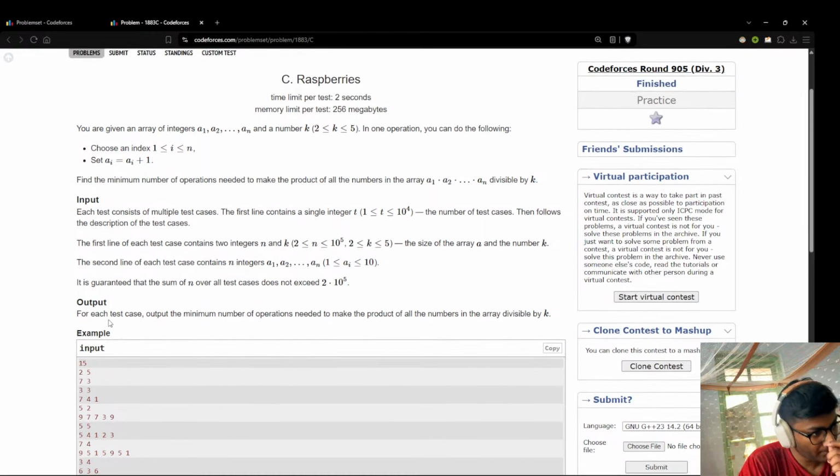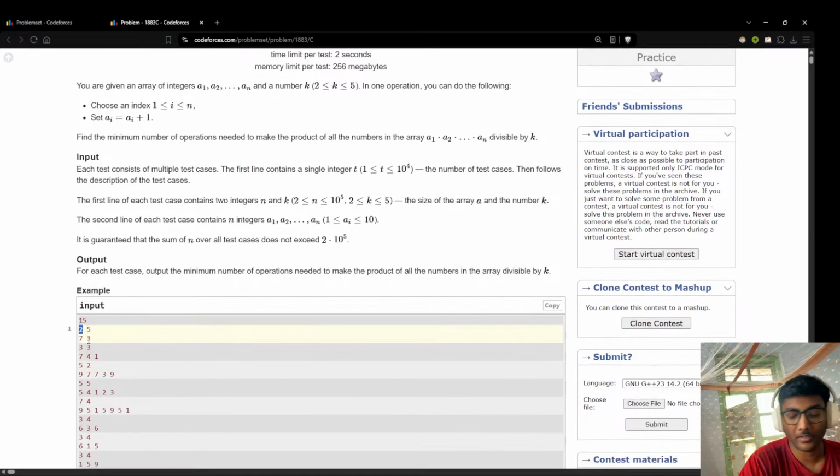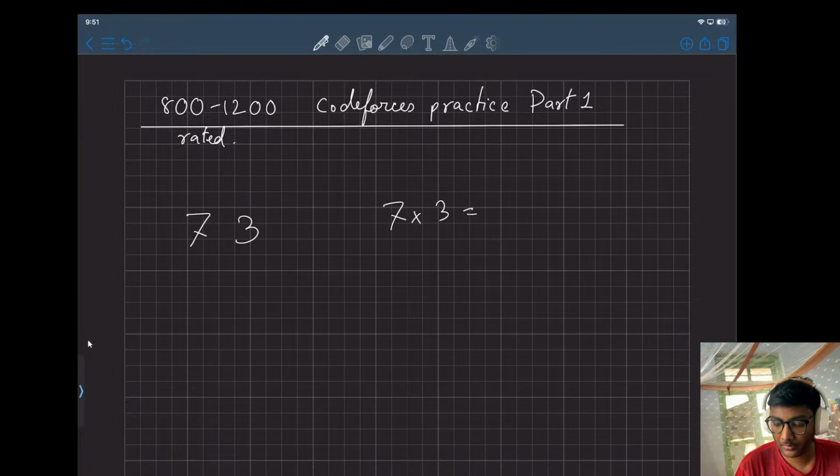But if I say 5 to 6, then 6 times 2 is 12 and 7 times 2 is 14. Or if I do 7 times 3, it's 21. Let's try. Say 7 and 3 is given. So 7 times 3 is 21, so not divisible by 5.